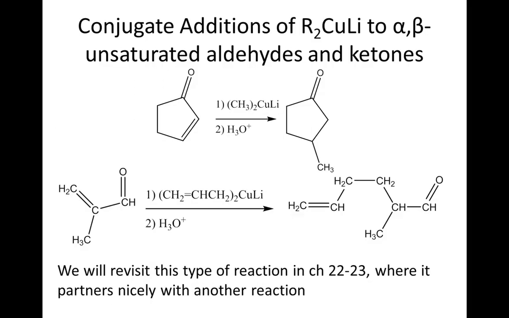The other thing that does conjugate addition to alpha beta unsaturated ketones and aldehydes are the lithium diorganocuprates, and so here's a couple of examples for that. And you'll notice that we have an aqueous acid in here to sort of finish this up, and it again is because it goes through the conjugate addition where it puts the hydrogen at this end, double bond here, and the carbon down here, and then it's in equilibrium with the keto form again.